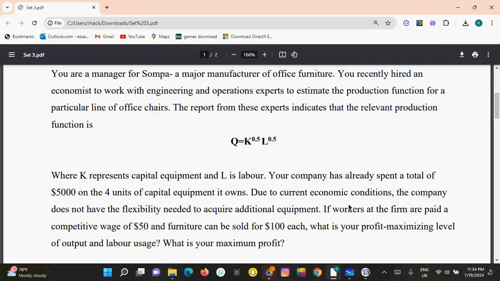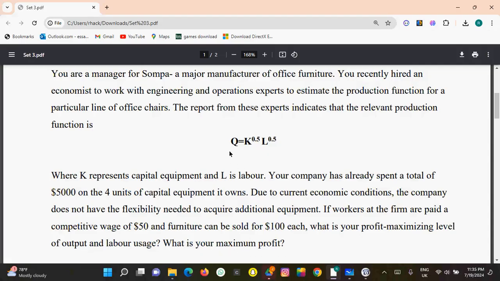If workers at the firm are paid the competitive wage of $50 and furniture can be sold for $100 each, what is your profit maximizing level of output and labor usage? And then, what is your maximum profit?